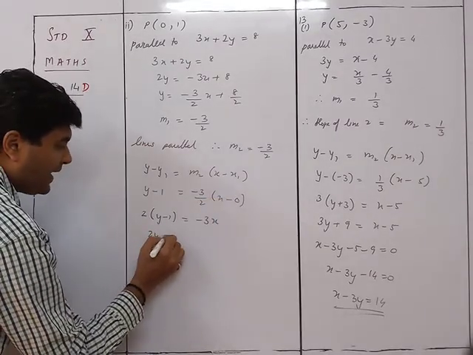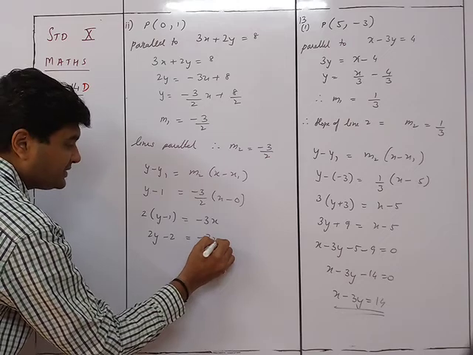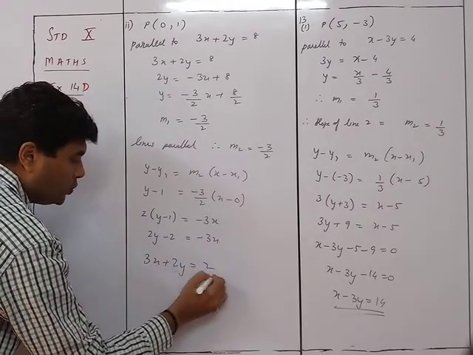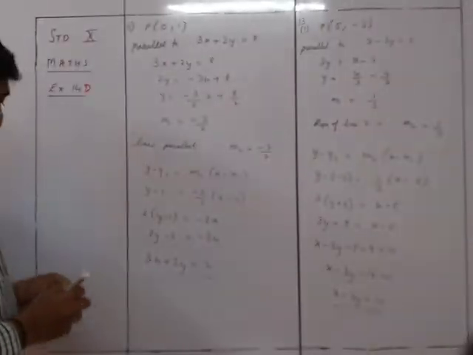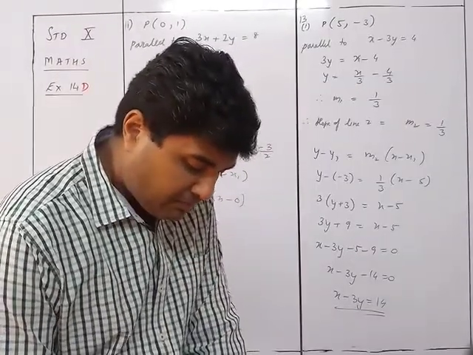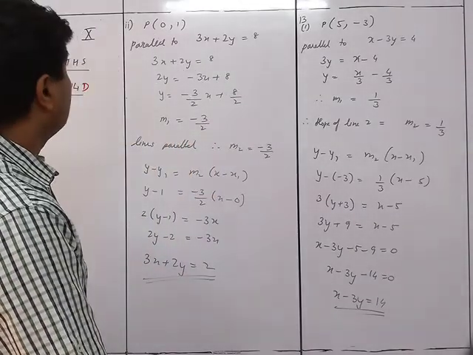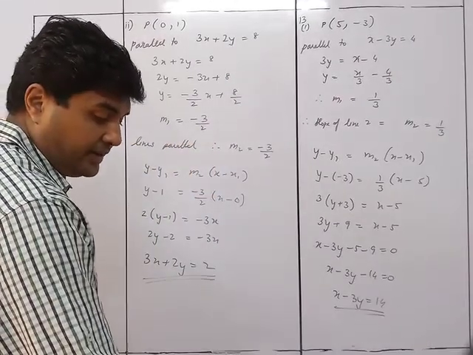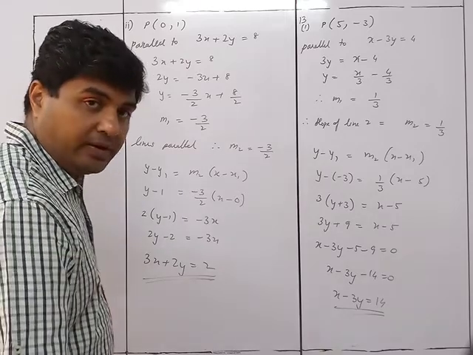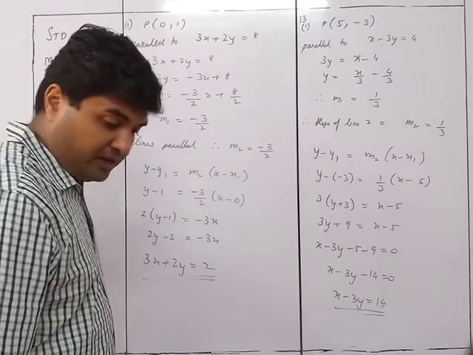So 2y minus 2 is equal to minus 3x. We have 3x plus 2y is equal to 2 as the required equation. So that is the equation for sum number 13, second part: 3x plus 2y is equal to 2. We now move on to sum number 15.